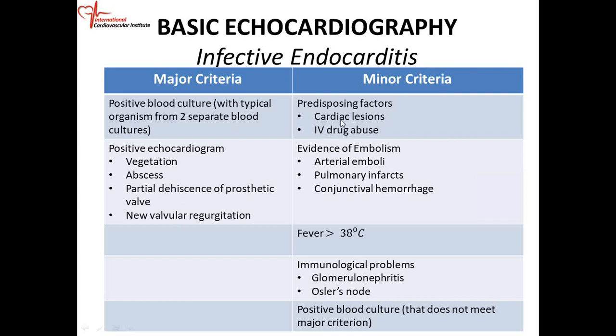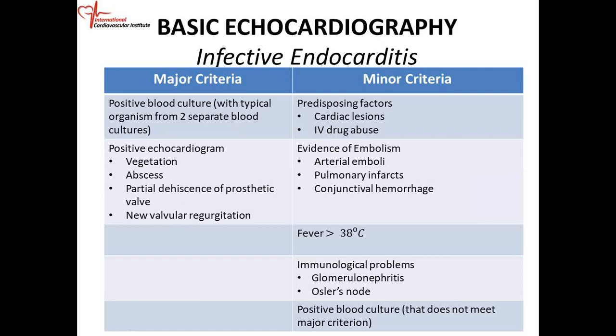Remember what we said. You need an underlying cardiac pathology for a majority of the patients with infective endocarditis to develop infective endocarditis. So the patient may have rheumatic fever, the patient may be immunocompromised, maybe a diabetic individual may have HIV or some other immunocompromised condition.